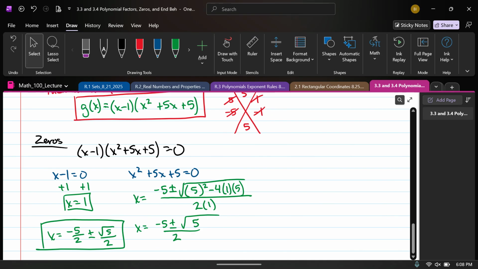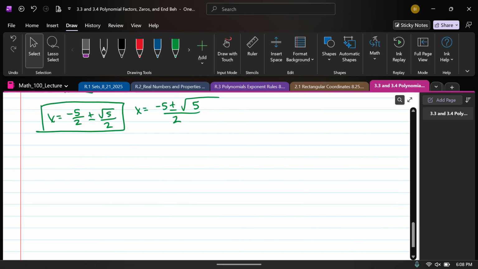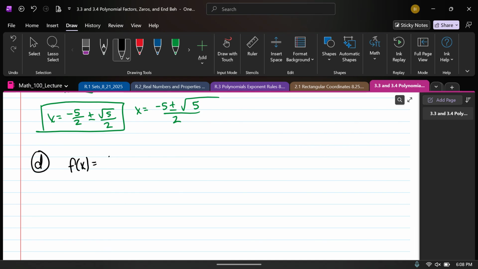All right. They're still giving us hints, so we haven't taken away the hints yet. Example D, they say f of x is equal to 2x to the third power minus 3x squared minus 5x plus 6. And this time the hint is 1 is a 0.